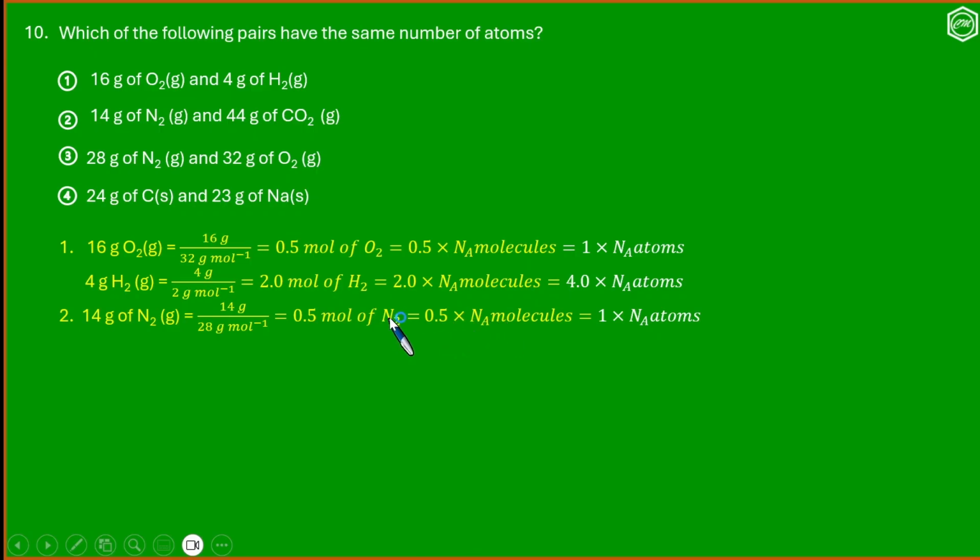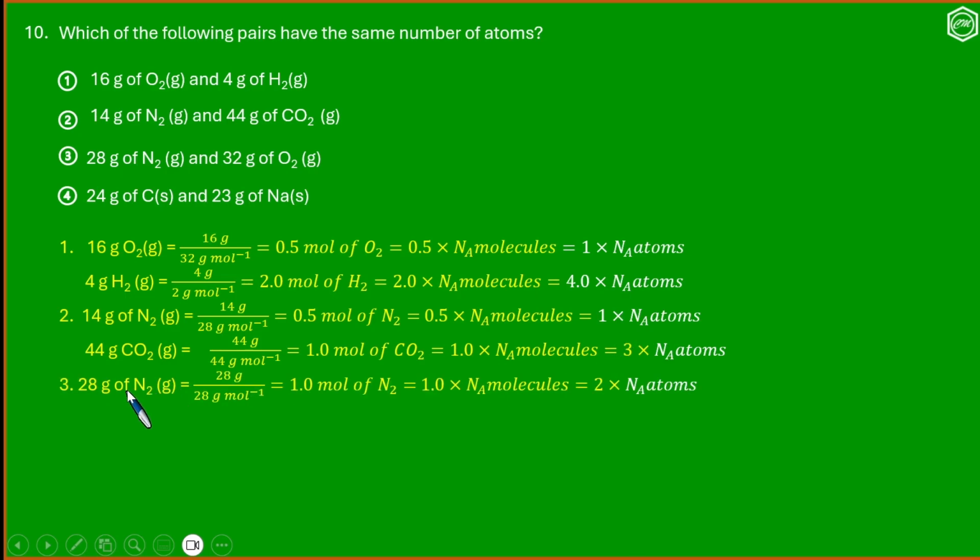One nitrogen molecule contains 2 atoms, therefore multiplying by 2, the number of atoms is 1 into Na atoms. 44 gram carbon dioxide, 44 gram by 44 gram per mole, 1 mole of carbon dioxide, that is 1 into Na molecules, and one molecule contains 3 atoms, so multiplying by 3 into Avogadro number of atoms. So in this pair also the number of atoms are not the same.